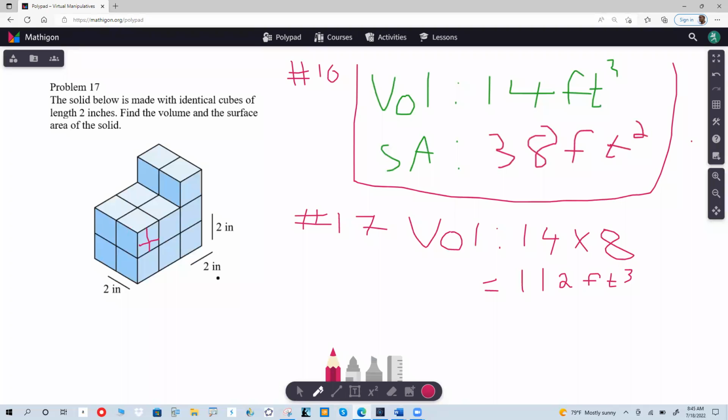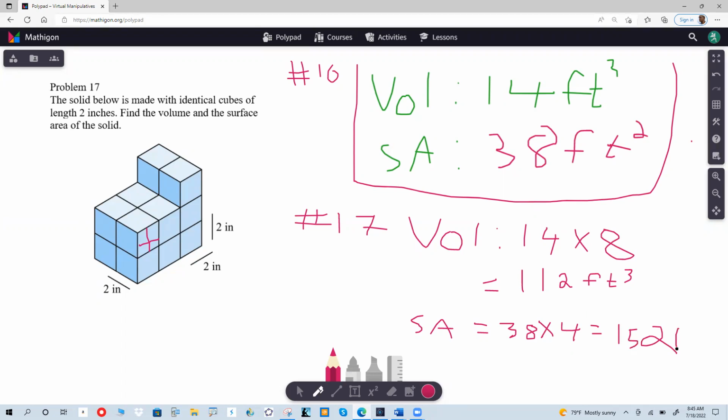A 2 by 2 square has an area of 4. You can remember it that way. So what's going to be the surface area? The surface area is going to be 38 times 4. And that's going to be 152.